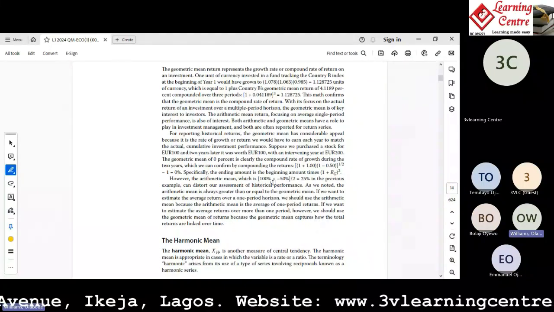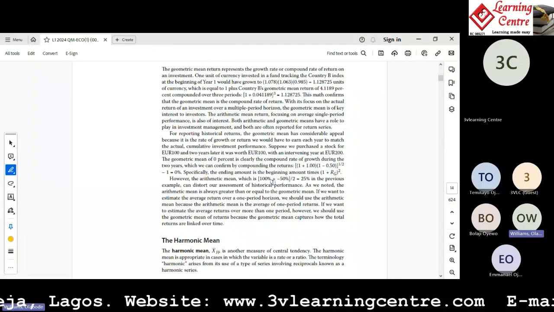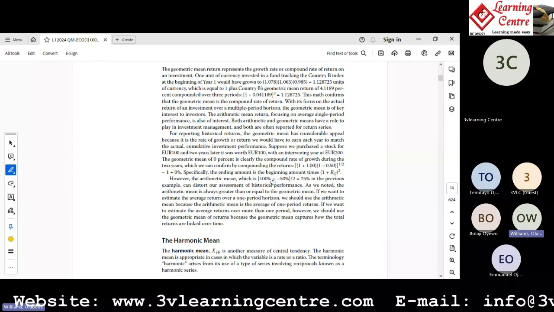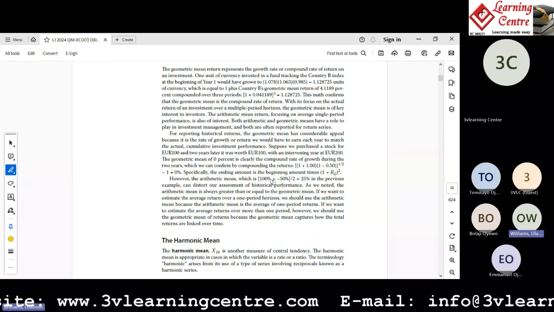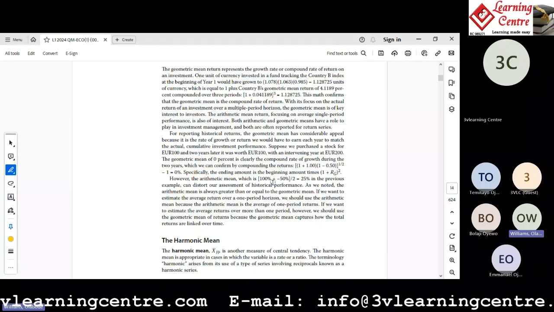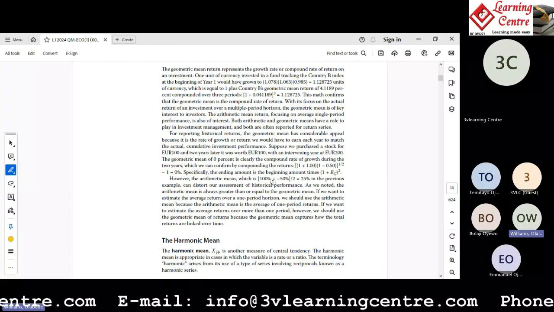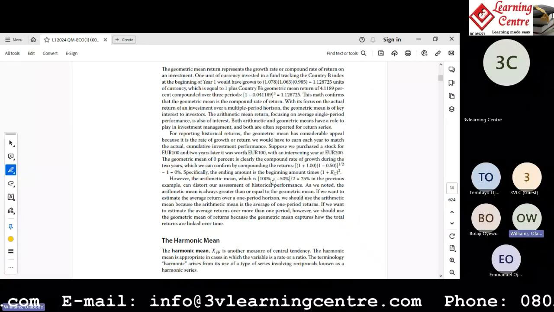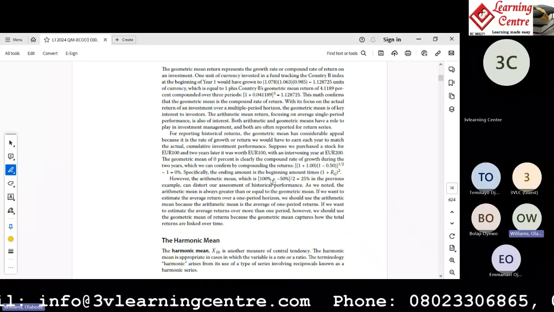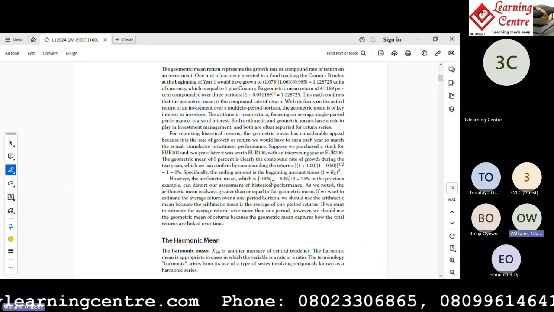I was talking about the condition that will make arithmetic mean and geometric mean close, and I was talking about the variability of the returns. A return from -40 to +80 or 89, for example, is a wider range compared to a return range of, say, -4 to +12. Now, that's a shorter range.